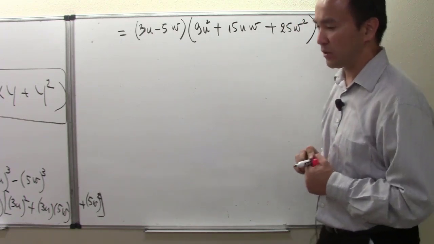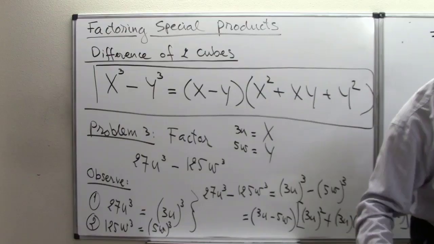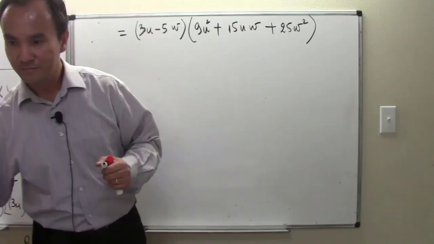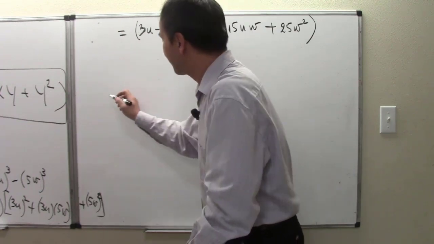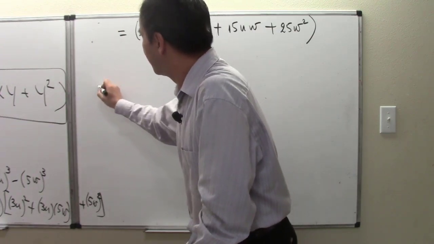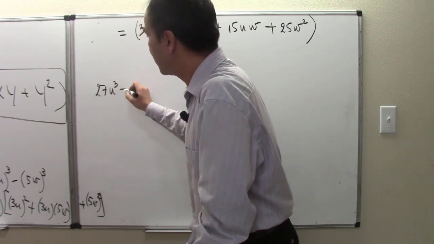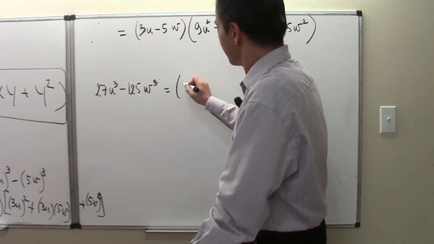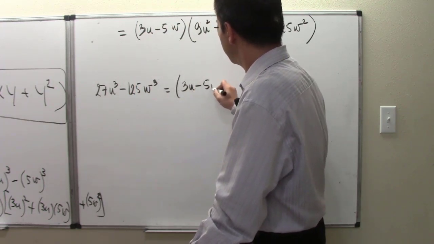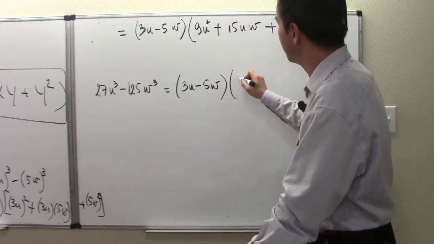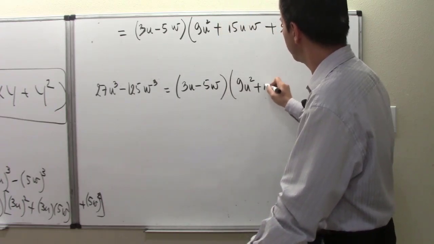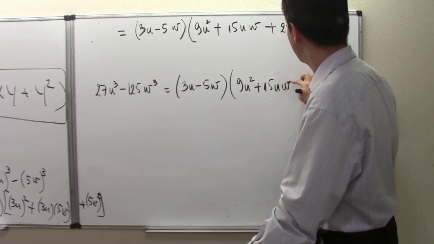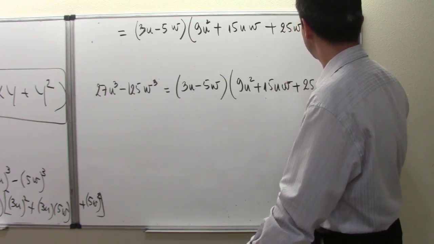And so as a final conclusion, (27u cubed minus 125w cubed) can be factored into 3u minus 5w times, in parentheses, 9u squared plus 15uw plus 25w squared.